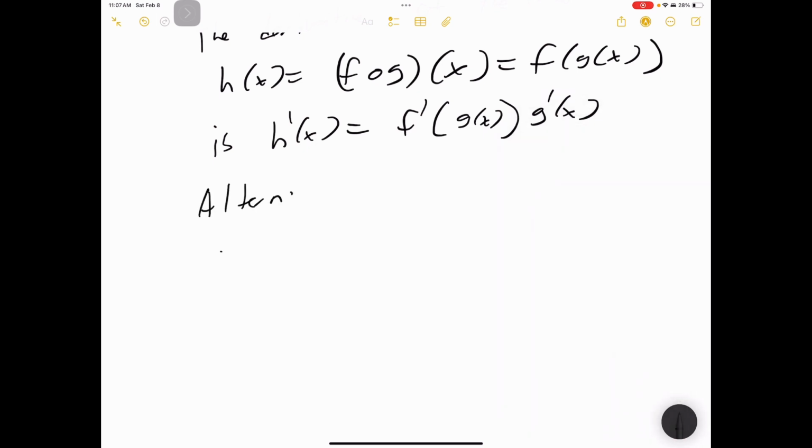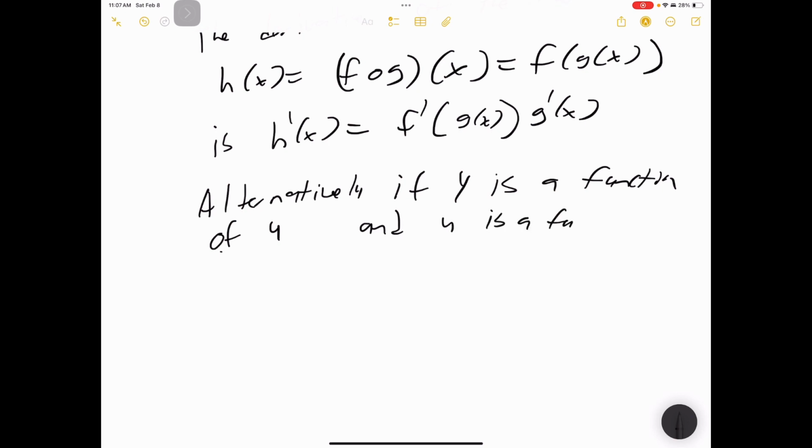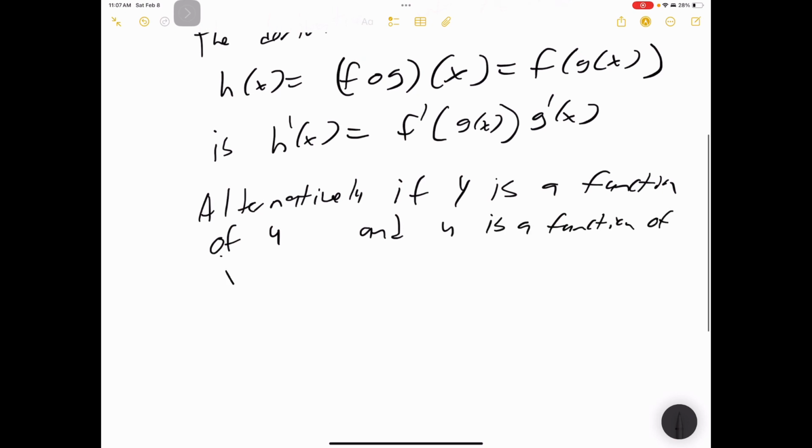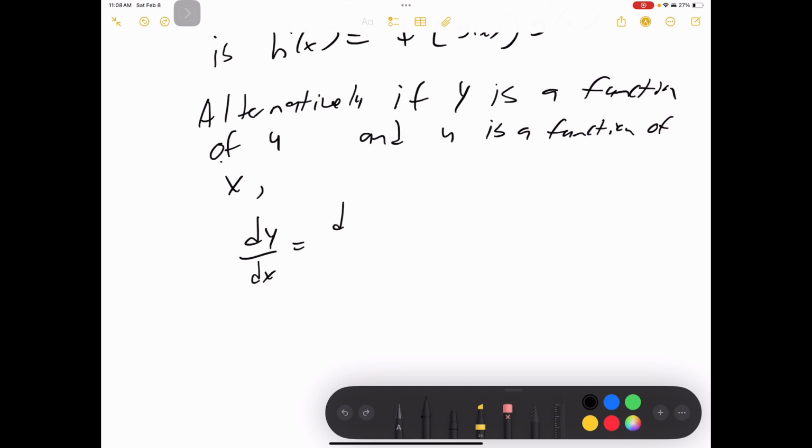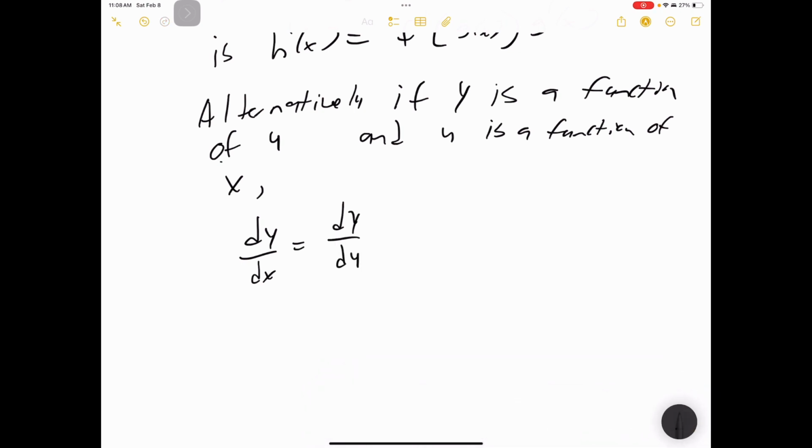Alternatively, if y is a function of u, and u is a function of x, we could say that dy dx, the derivative of y with respect to x, is going to be equal to dy du times du dx.